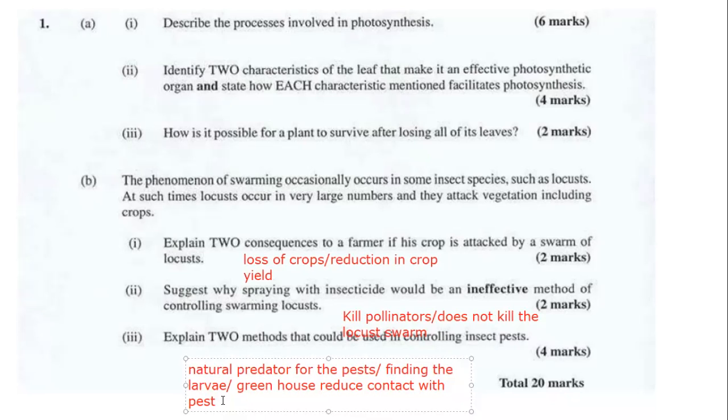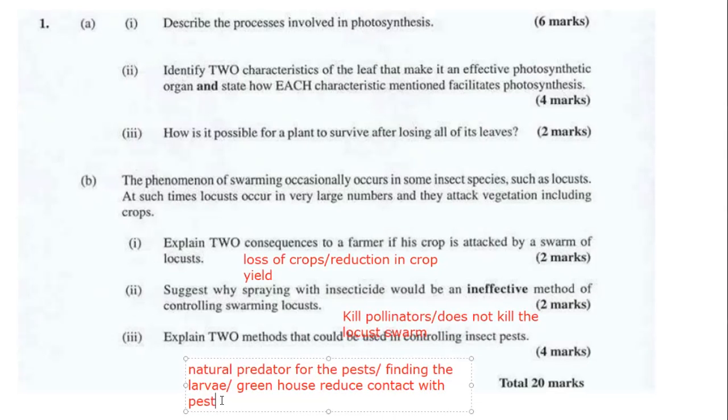Remember, guys, when it says to explain, what are we doing here? We're just giving the pointers, but you are going to go into further detail by stating that a natural predator will be needed for the pests, which would cause a decrease in its population, because it will want to eat more of it, so the pests will not be a problem to the plants.